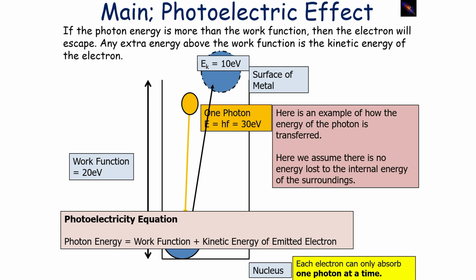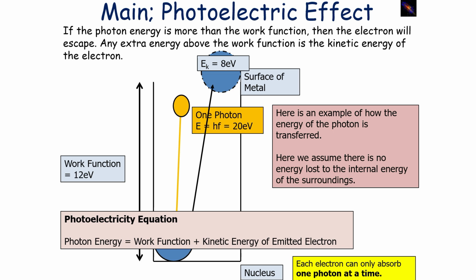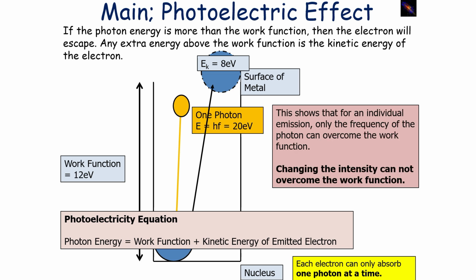Our equation for photoelectricity is: photon energy equals work function plus the kinetic energy of the emitted electron. For example, if our photon energy was 30 eV and our work function was 20 eV, then the kinetic energy must be 10 eV. So the energy of the photon splits between the work function and the kinetic energy of the emitted photoelectron, which you can see in these different situations.